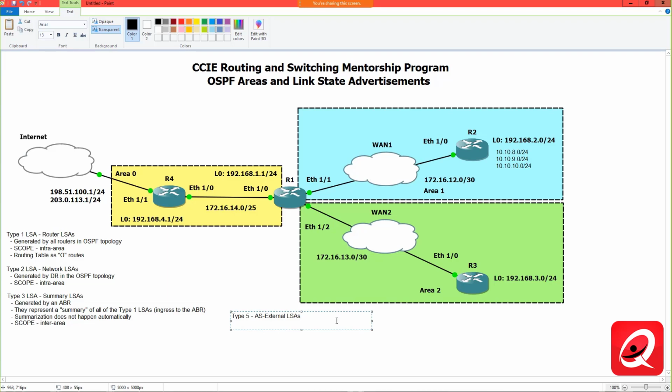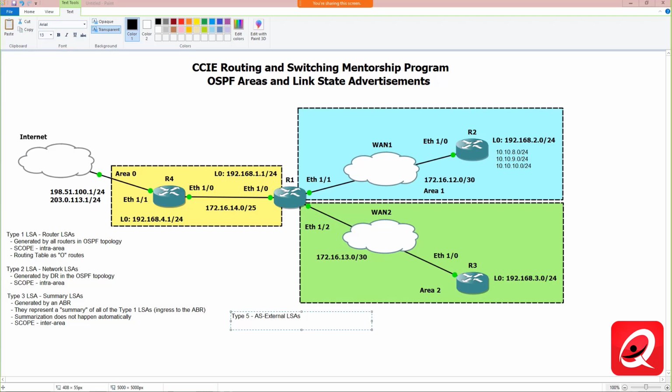But a type 5 LSA, these LSAs are only generated by one special router. Not a special router, but a router that's doing redistribution. That's called an ASBR. The type 5 LSAs represent all of the external routes that are being redistributed into OSPF.